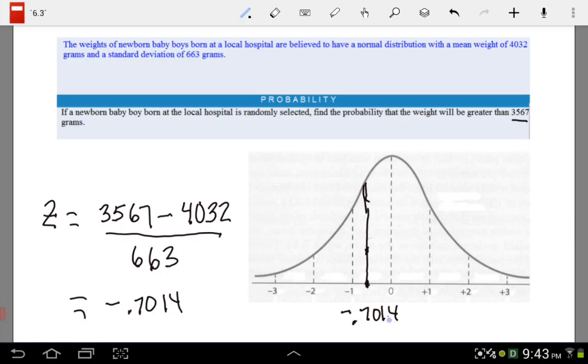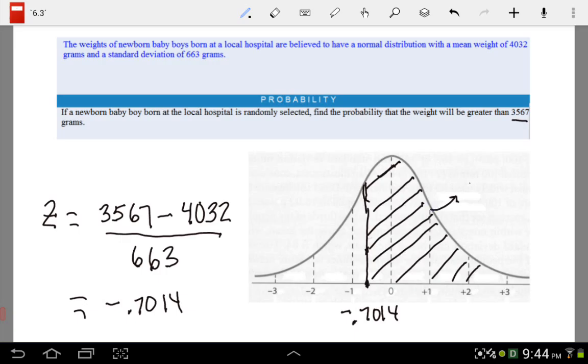Here's our z-score for that. So really much like the last problem, all the weights that are greater than will be the area under the curve on the right side of negative 0.7014. There again, we look up on the table to find out what that area was. I don't know what it is, and that would give us our probability.